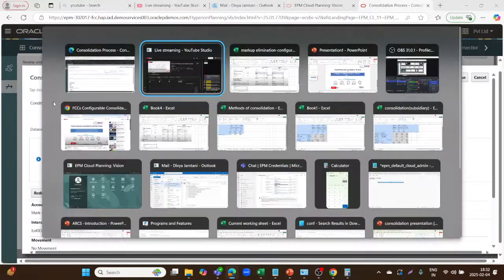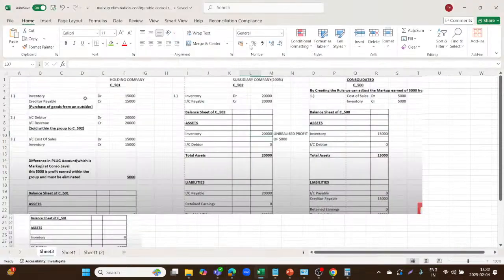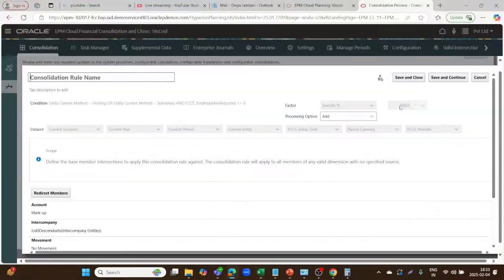If you see, what I'm trying to do is, if you come back here, we are doing the adjustment for unrealized stock. Second is, what sub rule I'm adding is, we want to reduce the inventory with the markup earned. So similarly I'll create one rule for that.